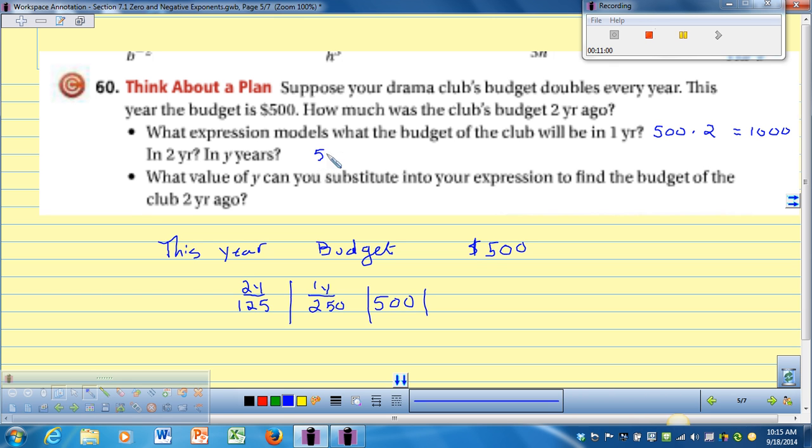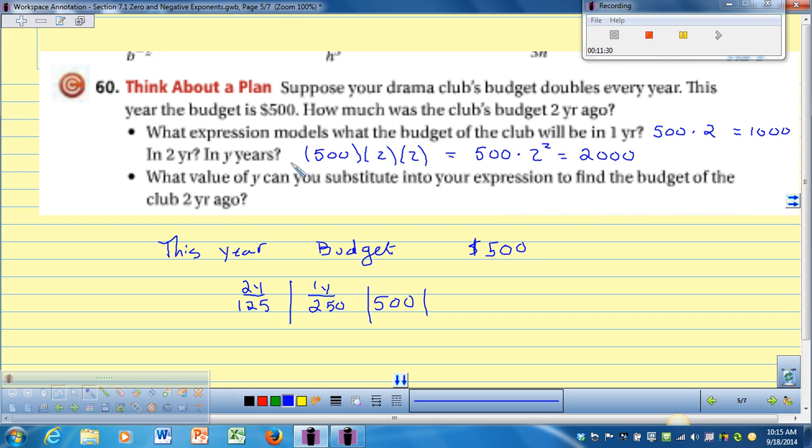In 2 years, we would have our 500 times 2 gets us our first year, and then what happens the next year? Times 2 again. So this is 500 times 2 to what power? 2 to the second, giving us $2,000.